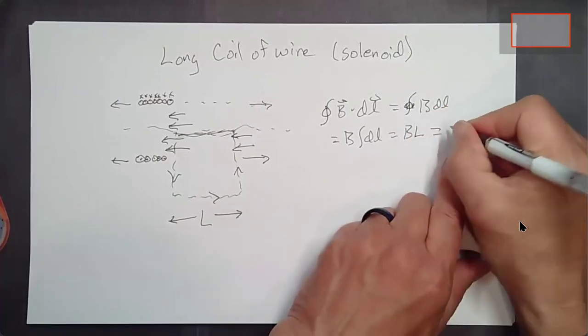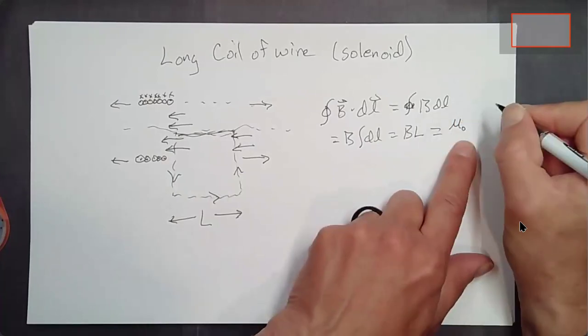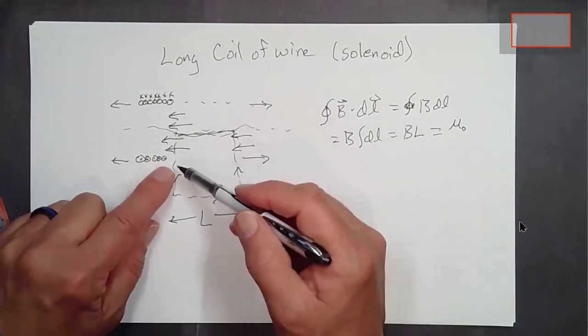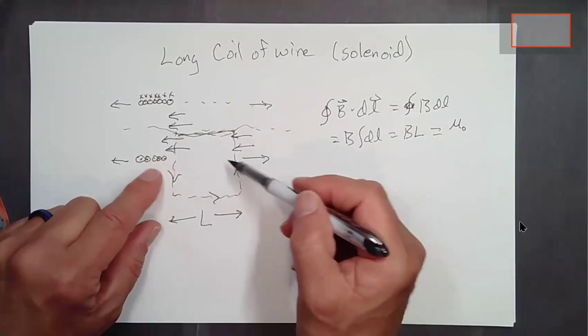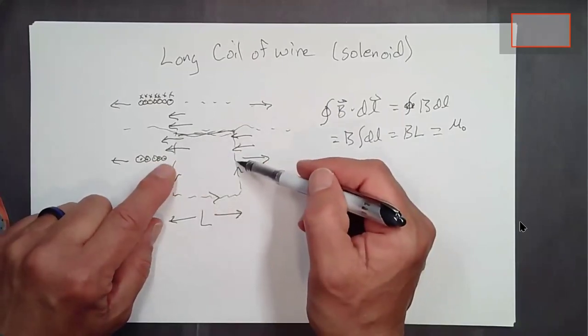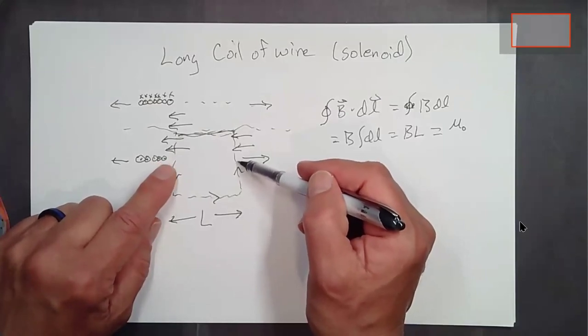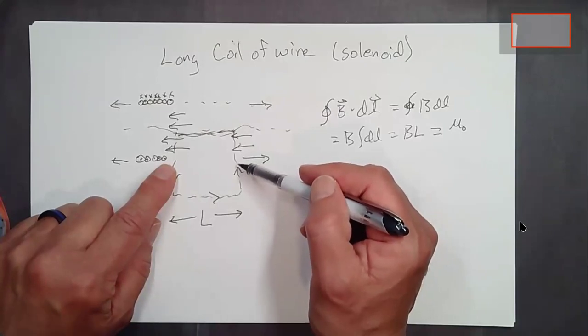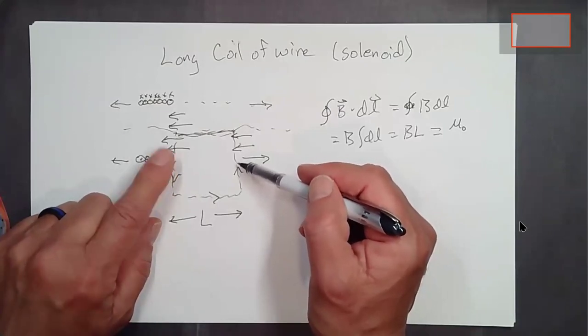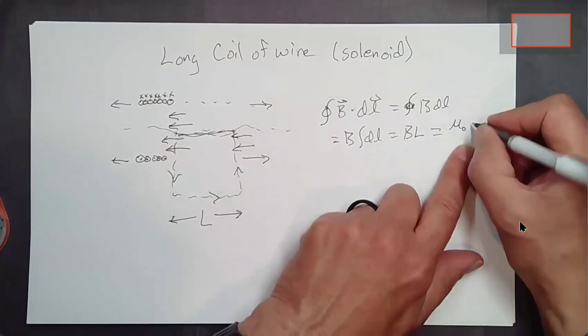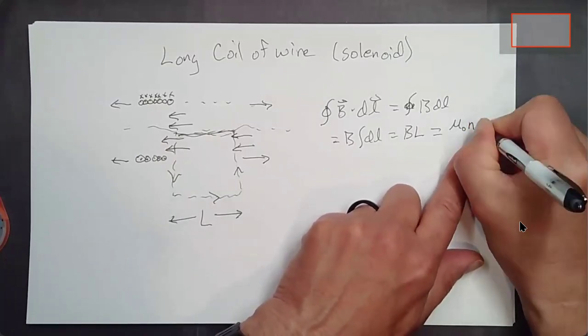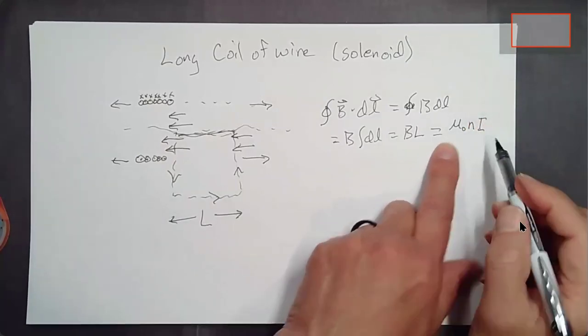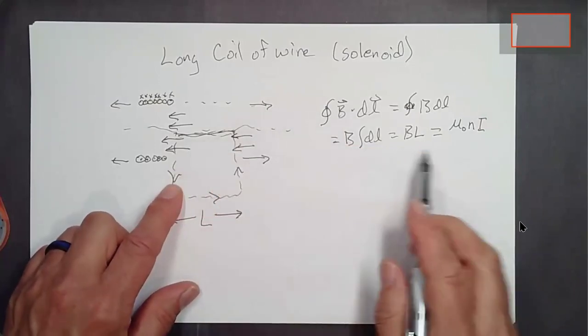And that will equal mu naught times however many wires you happen to have contained in your thing here. Well, the number of wires you're going to have is going to equal some number n. Let's just call it lowercase n. So mu naught n times I, and that's how much current is contained in there.